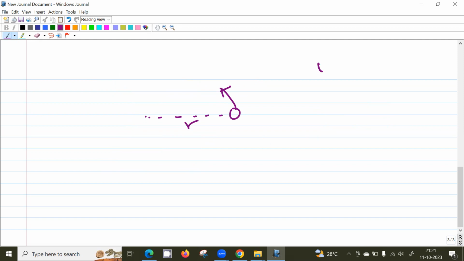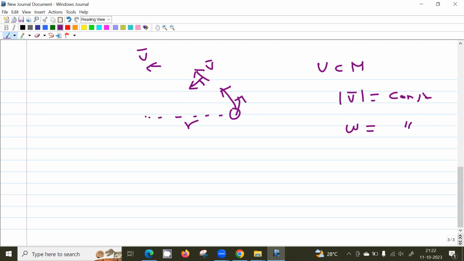Even if we take uniform circular motion, that means the velocity magnitude is the same, like everywhere the velocity vector length will be the same, but the direction is changing. Okay, so this is uniform circular motion where the magnitude of the velocity is constant, and also the omega, the rate at which the angle is covered, that's also constant. So since the velocity direction is changing, there is some force acting perpendicular to it.